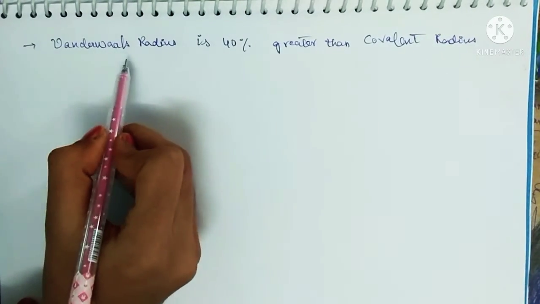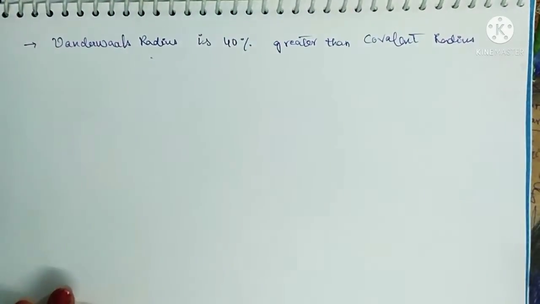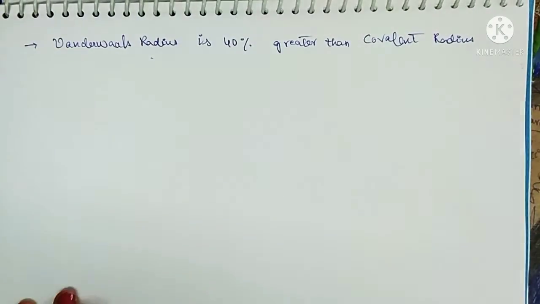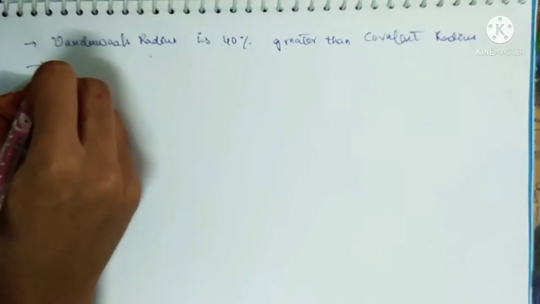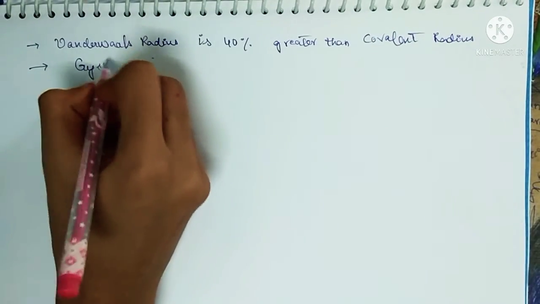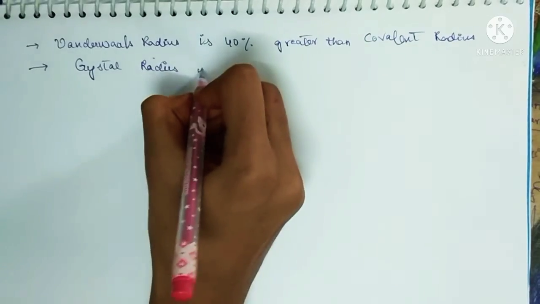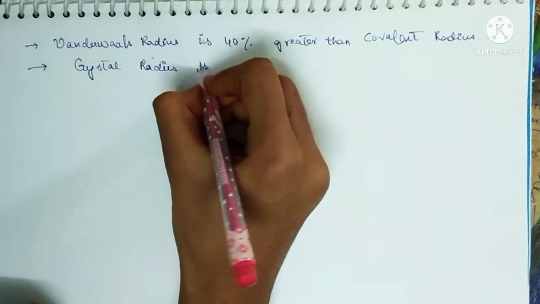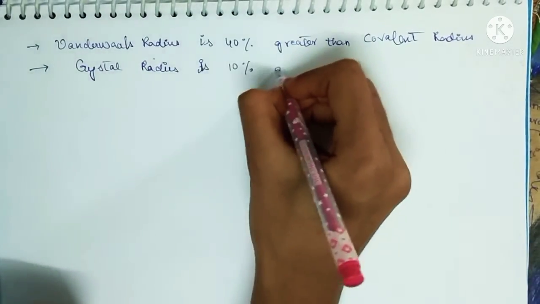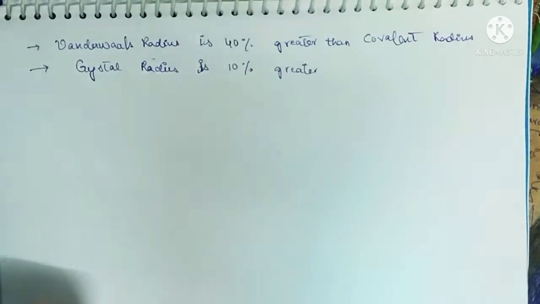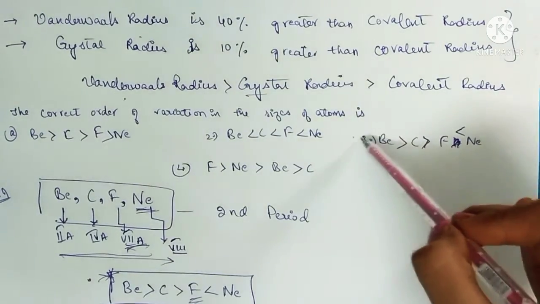That is the reason why van der Waals radius is measured in noble gases, which have greater radius. And crystal radius is 10% greater, which is our third option.